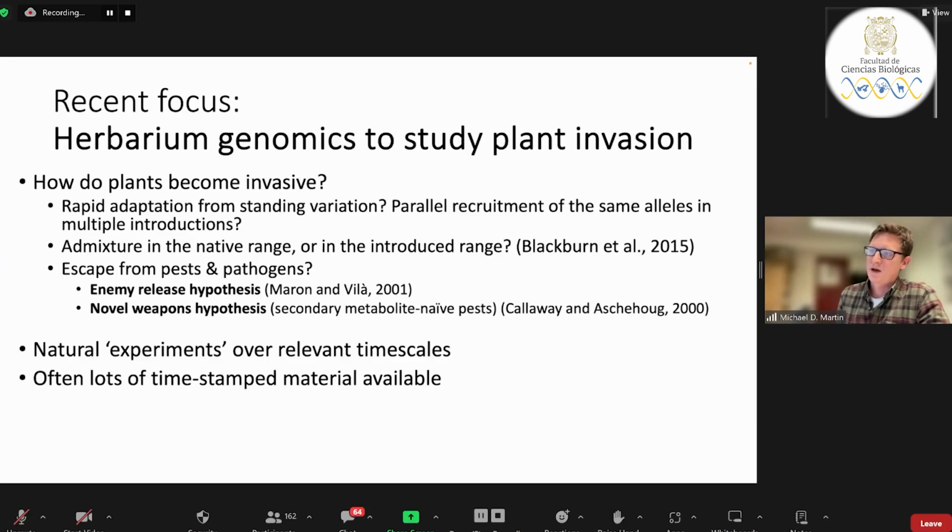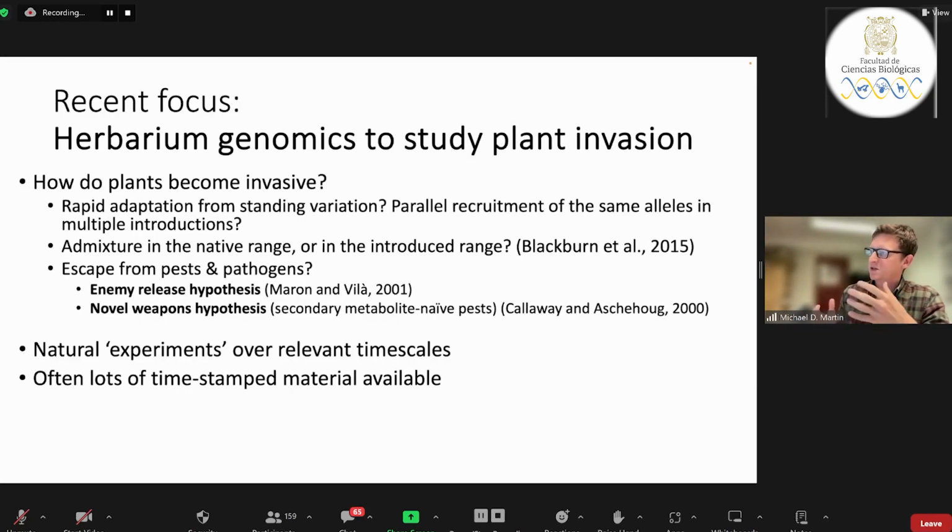So, rapid adaptation: one hypothesis for how some plants can so easily adapt to a novel range upon introduction is that they can rapidly adapt from the variants that already exist in the population in the native range. If any of those variants are particularly useful in the introduced range, then those can rapidly rise to high frequency.